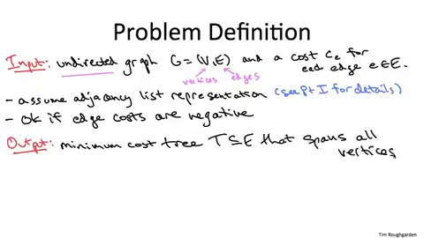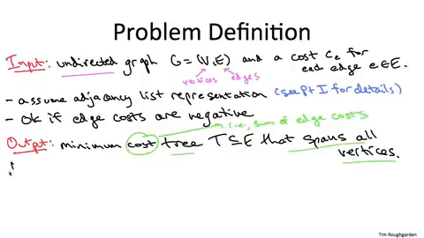But let's drill down and explain exactly what we mean by that. So first of all, what do we mean by the cost of a tree, or more generally the cost of a subgraph as a subset of the edges? Well, we're just going to be summing up the edges in the tree that we output. Now the other question is, what do I mean by a tree that spans all vertices? So let me tell you exactly what this means.